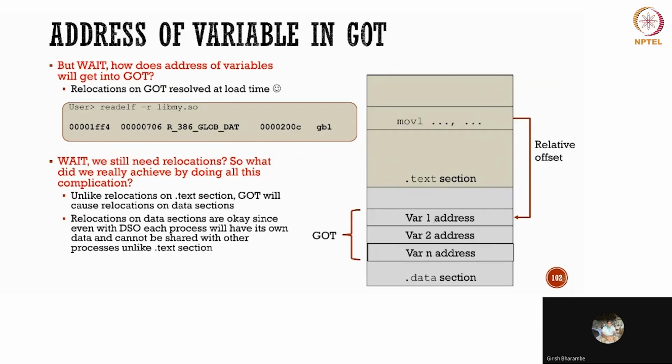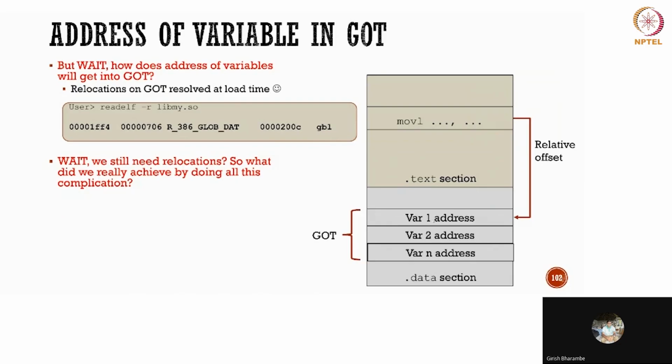If you search for these terms, you would probably find a lot of blogs which explain it. For example, if you search for position independent code, you would get a lot of blogs written by various people who can explain this, but I don't think there is a book or any single source of reference which covers all of this.